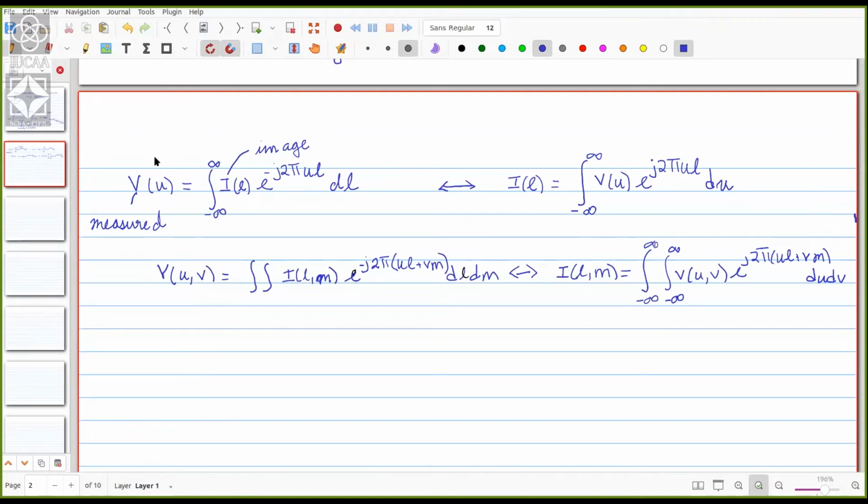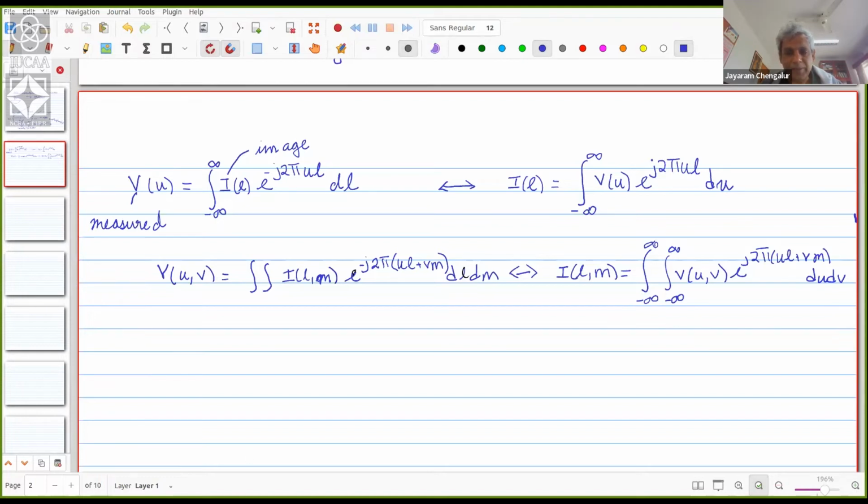That's really what I should do. But I should bear in mind that if I do know something about the source, for example, that it has a lot of fine-scale structure but not much large-scale structure, then I could happily not measure it at small u because I know that it's zero over there. But if I know nothing about the source, I should measure it everywhere.